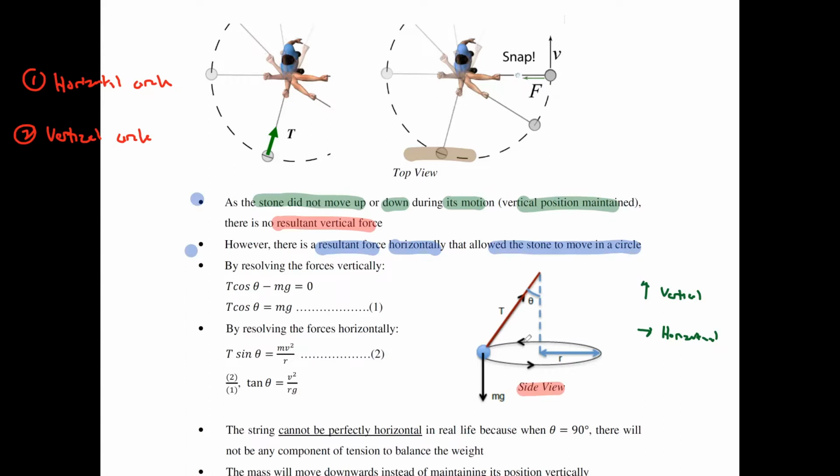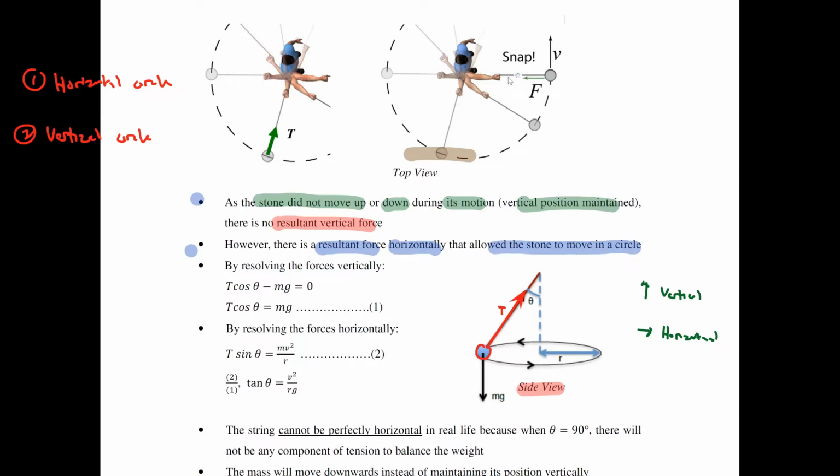So why am I saying these first two statements? You look at the side view of your stone tied to a string. The string would exert a tension T onto your stone. Now this tension T can be resolved into two perpendicular components.